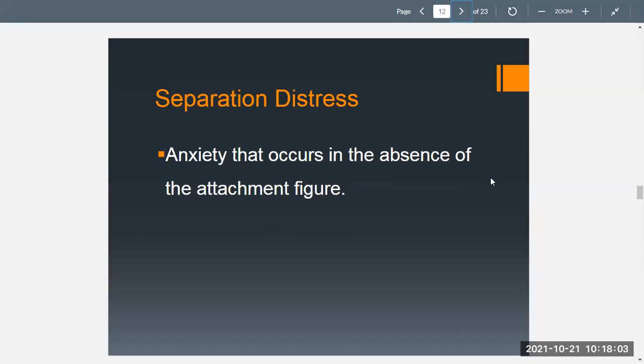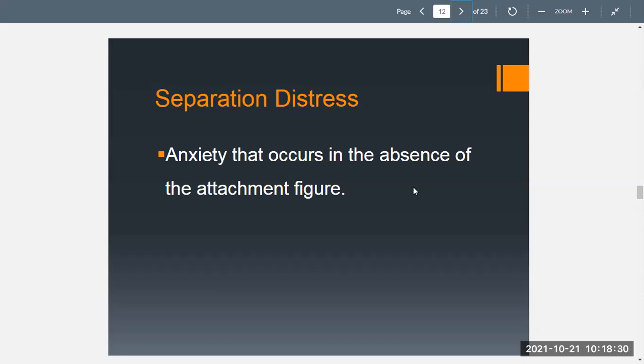Separation distress. Anxiety that occurs in the absence of the attachment figure. And this is, imagine when you were a child and your parents went off to work, and your parents dropped you off at school, or your parents left you at the store and forgot that you were with them at the store, and they took off, right?